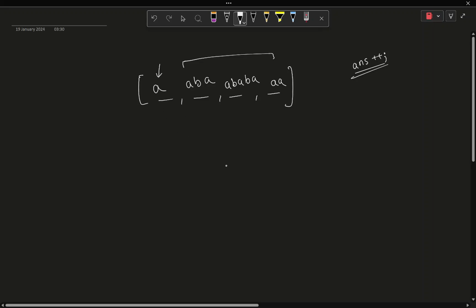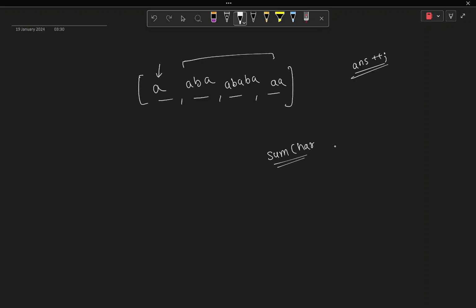Basically, the total number of characters in the whole array would be less than or equal to 5 times 10 raised to the power 5. So let's see if we can somehow use this information.